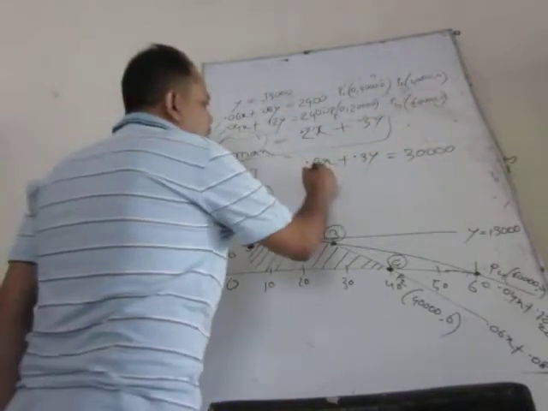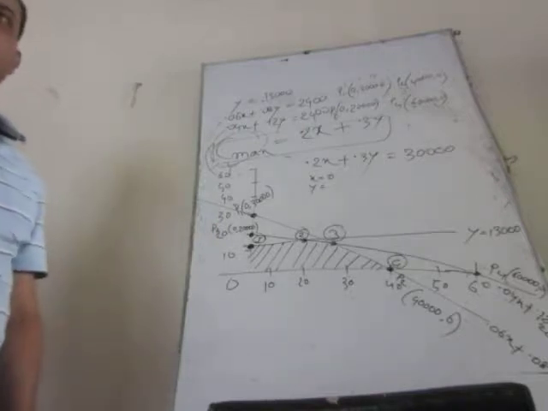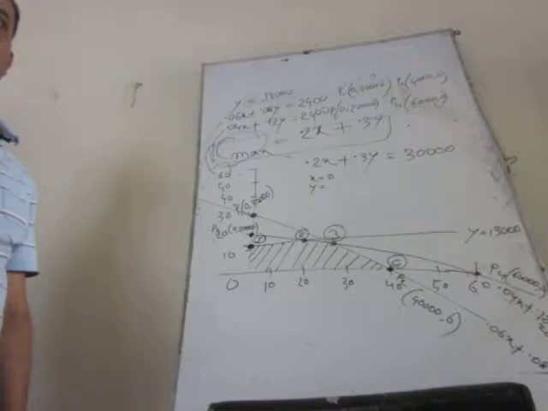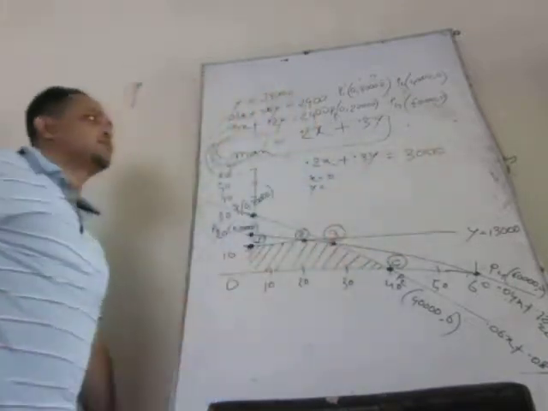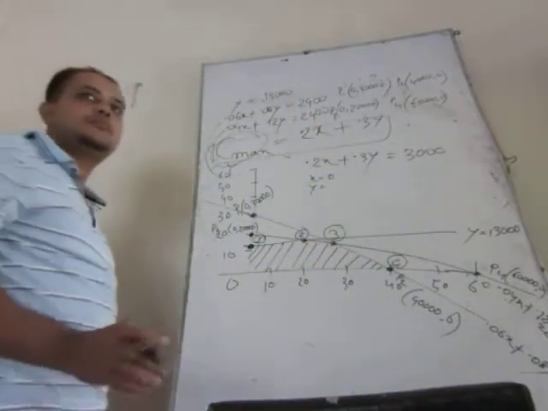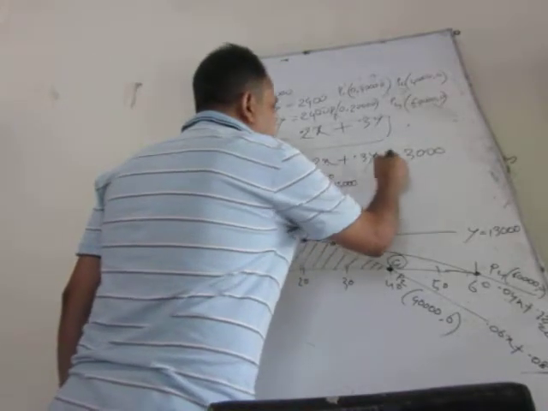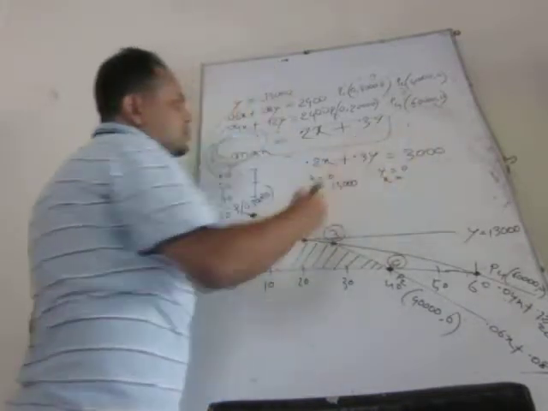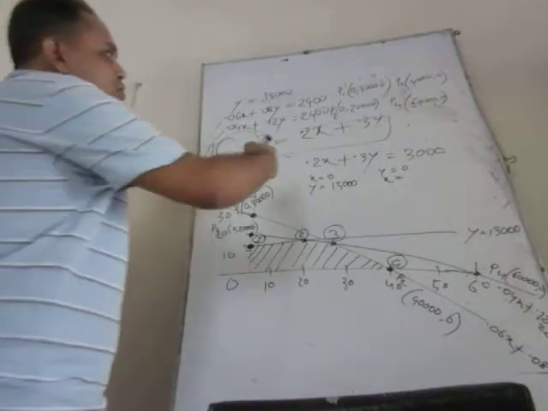So here, if x equals 0, then y equals how much? 30,000 divided by 0.2. Okay, let's reduce this a little, it will be too big. 3,000 divided by 0.2 is 15,000. And if y equals 0, then x equals 3,000 divided by 0.3, then by 0.2, sorry.